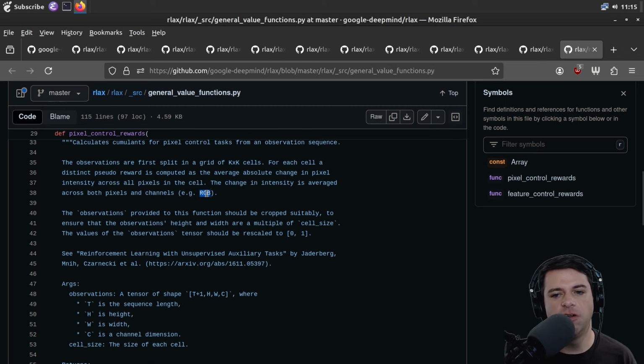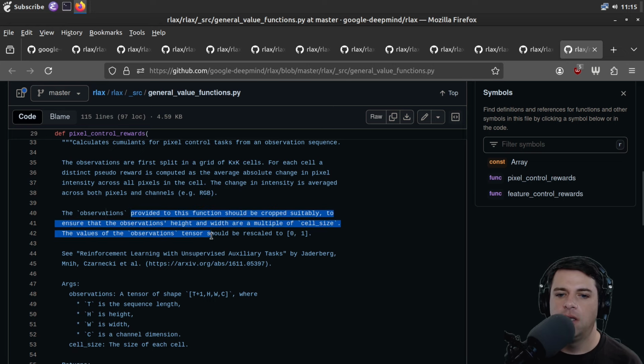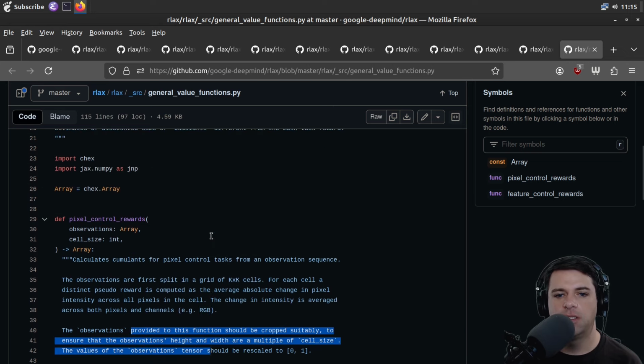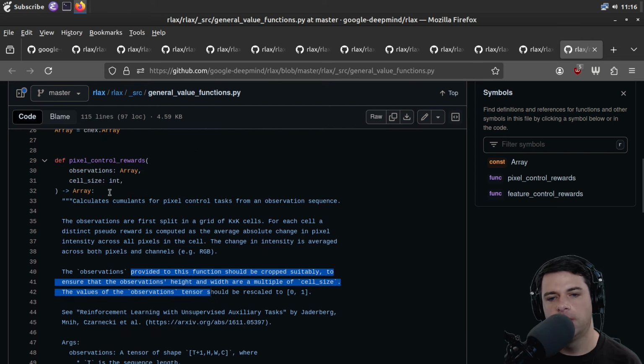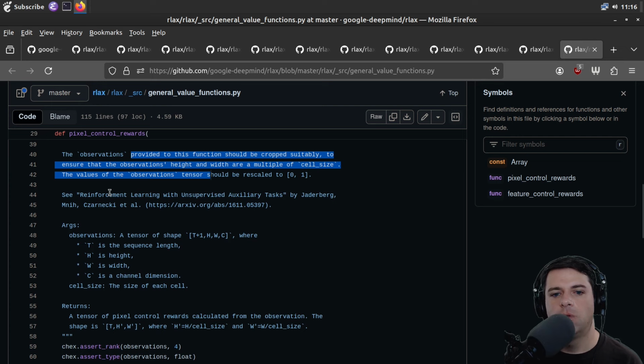So for example, RGB. If you have like 5 pixels and 3 channels, then you have 15 pixel/channels, or whatever those are called. And then you should crop these. This seems like something that's starting to feel a little bit like, what's the word? Convolution-y.